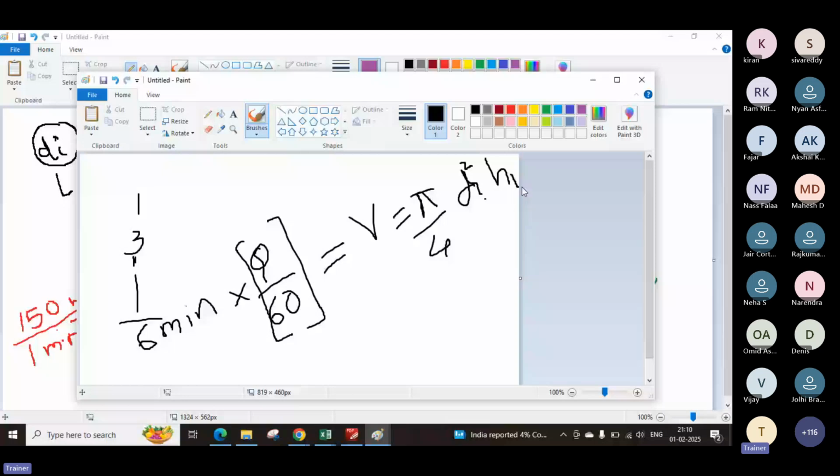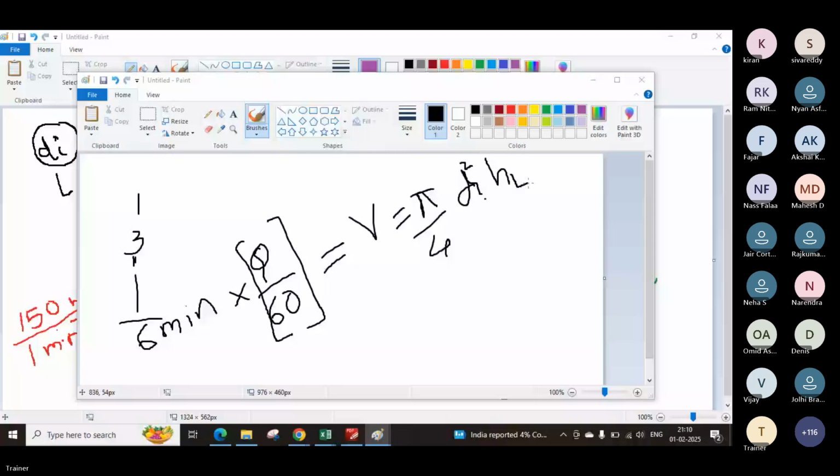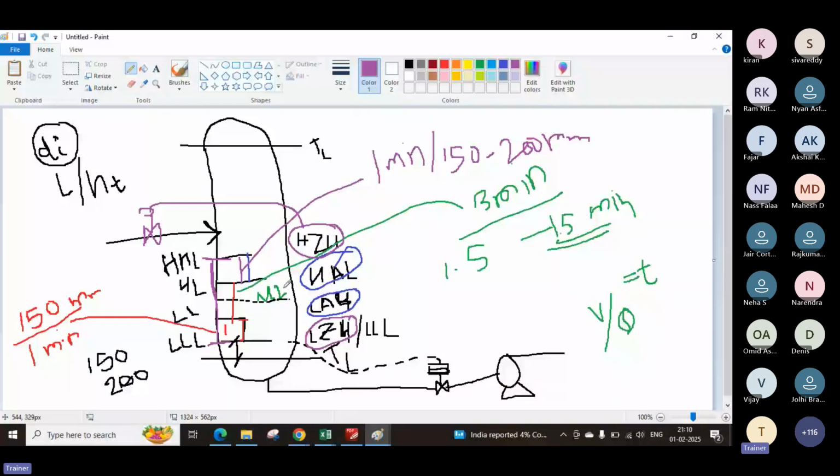Just let me expand this. This is the h of a liquid. H of a liquid means, let me use this, this much section you have to fill, or how much is the volume you have to store. 1311, that is 1, this is 3 minute, 1 and 1.